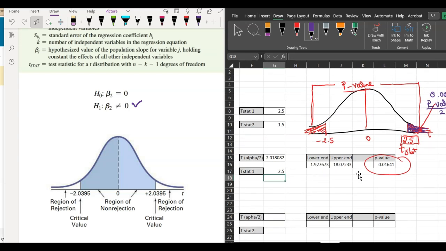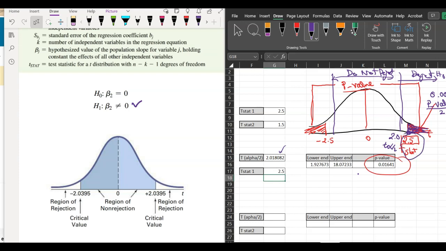So remember, this is my t stat here, and the threshold was 2.0. This is t alpha over 2, right? So this is the separation between the accept and reject. So here, do not reject, and right here is reject H0, right? And that's what we want. We want the t stat to fall in this area, all right?